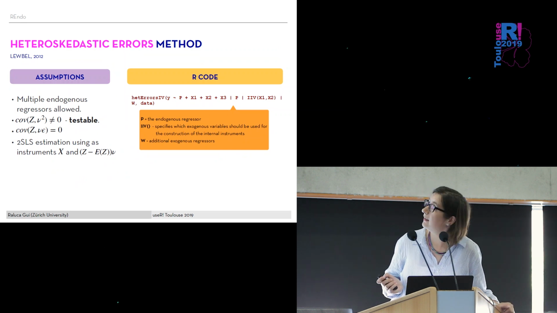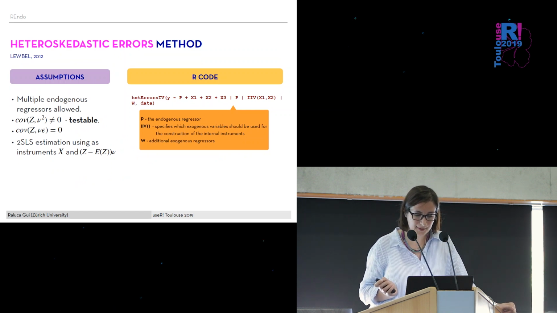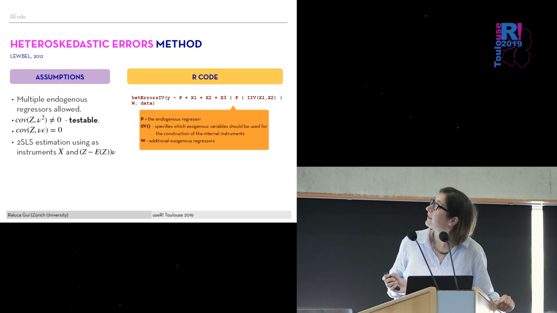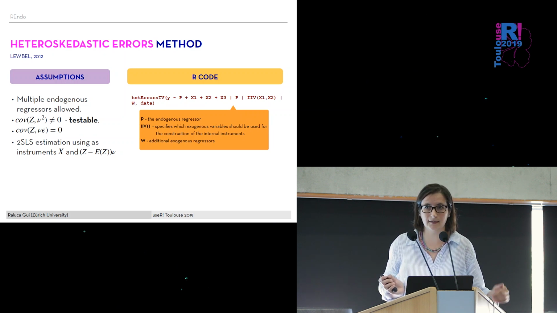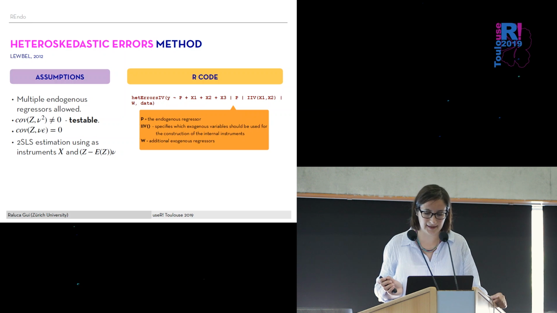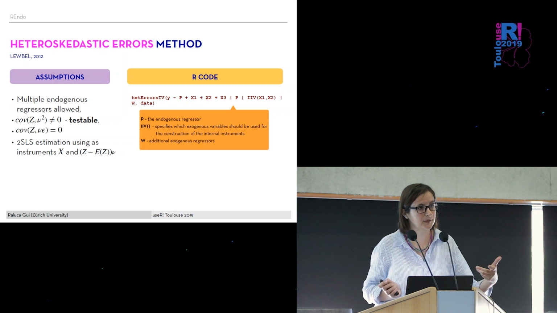Here in R, in REndo, you call the function hetErrorsIV, where you have to specify your endogenous variable, and then in IIV, which variables should be considered when you build the internal instruments. Moreover, if you have an additional external instrument, it can also be put in. In this case, W is an external instrument.